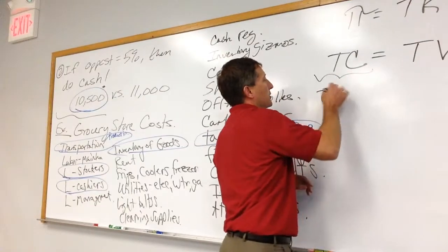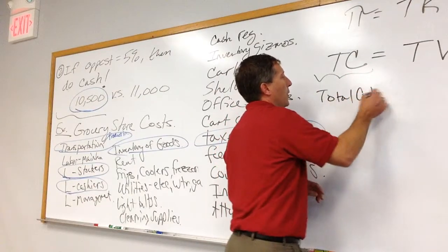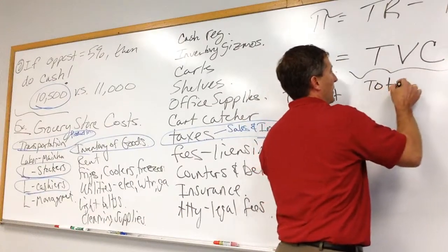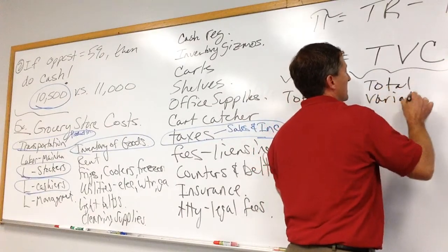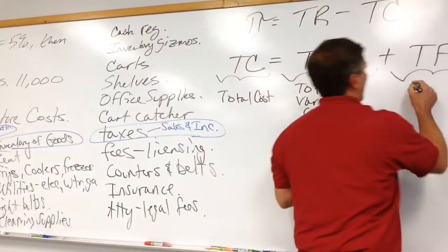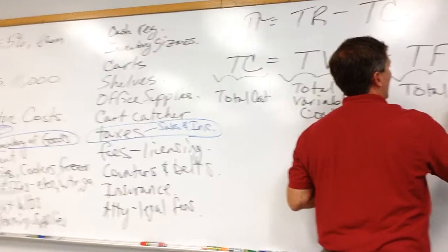So just to make sure we got this all complete here, the total cost of my business is equal to total variable cost and total fixed cost.